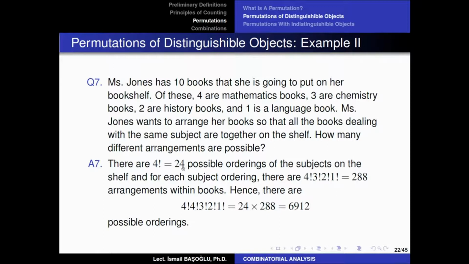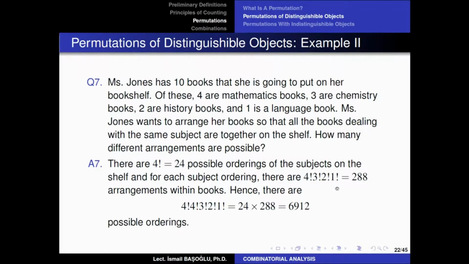Now, for each subject ordering, the mathematics books can be arranged in 4 factorial different permutations among themselves, and chemistry books can be arranged in 3 factorial different permutations among themselves. History books can be arranged in 2 factorial different permutations among themselves.